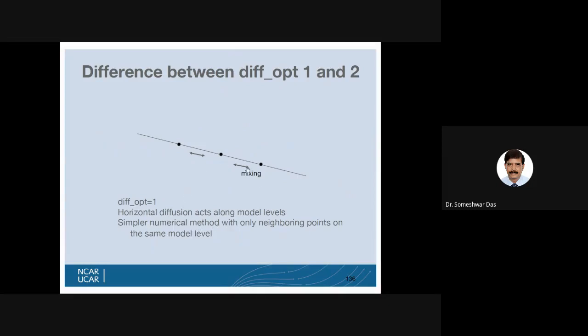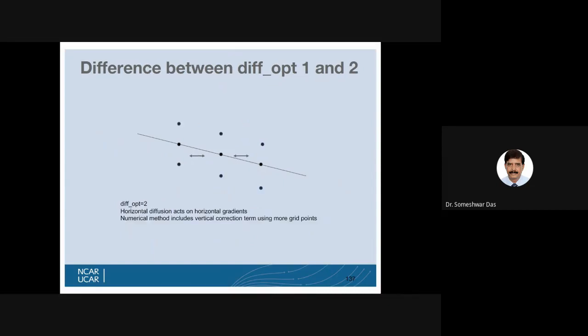The diffusion will be invoked along the model surfaces. This is a simpler numerical method with only neighboring points on the same model level. Okay, but if you use option 2, then it will compute the horizontal gradient of the diffusion, as illustrated in this diagram. Suppose this is your model level, slanted in this way.